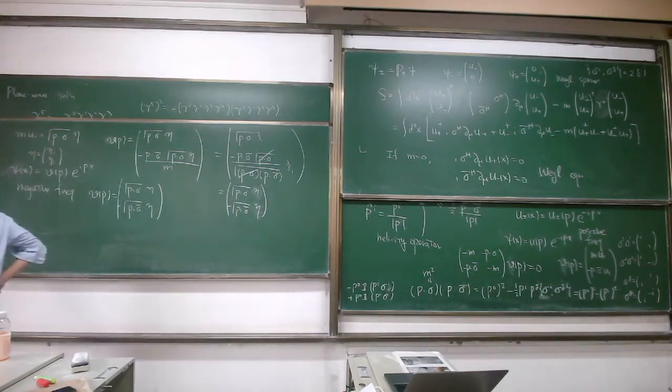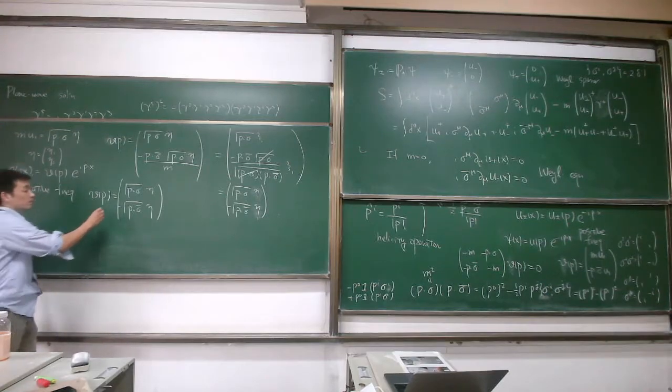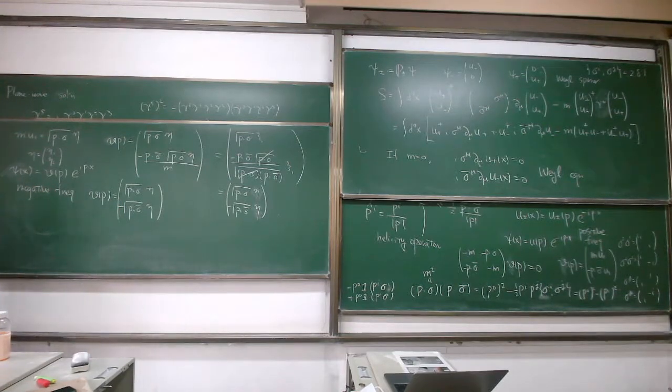Okay, now we consider the plane wave equation as the following. The Dirac fermionic field takes the following state with momentum p.